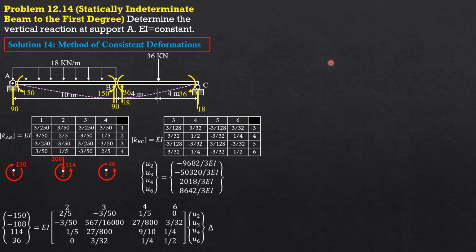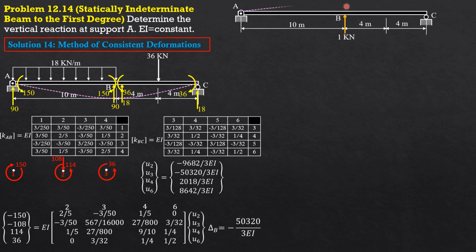Then for the second part, we have to apply a unit upward load so that it will deflect by FBB. The displacement is FBB. Originally we consider AB, and since the load is acting at the end, there's no fixed moment in AB and there's no fixed moment in BC, so 0 here, 0 at C. The only loading is upward, and that's 1 kilonewton.